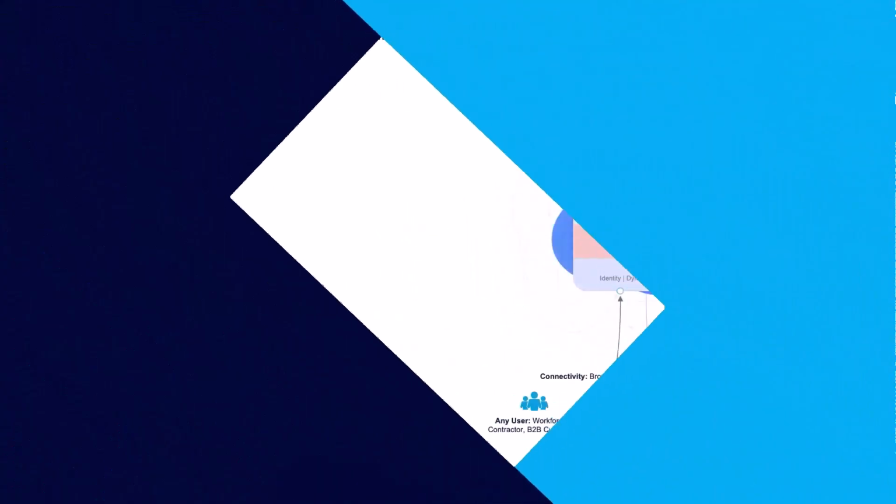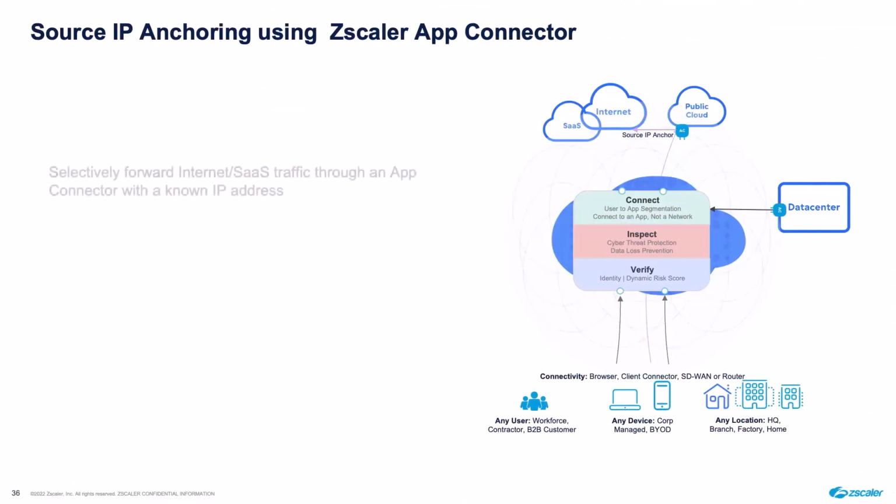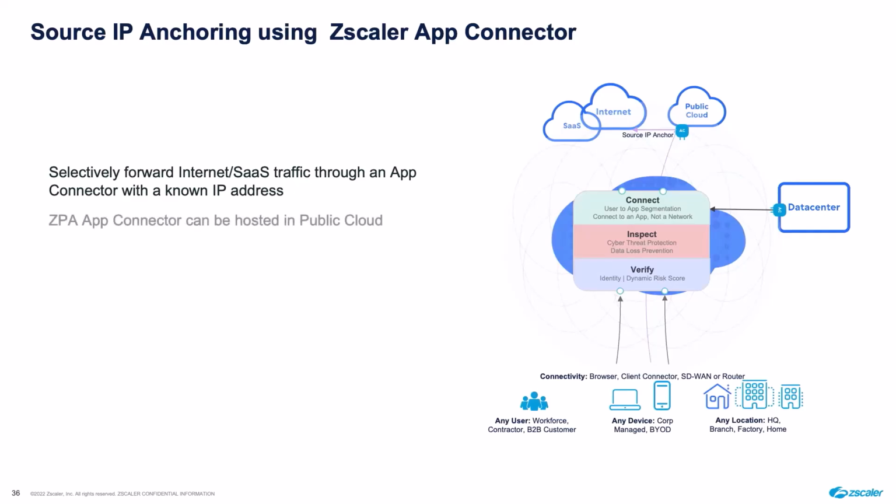So with this capability, I can selectively decide which applications I want to pass through Zscaler Zero Trust Exchange and provide the source IP anchor. That source IP anchor is provided by a Zscaler app connector from the private service edge platform. So the user makes a connection to the Zero Trust Exchange.